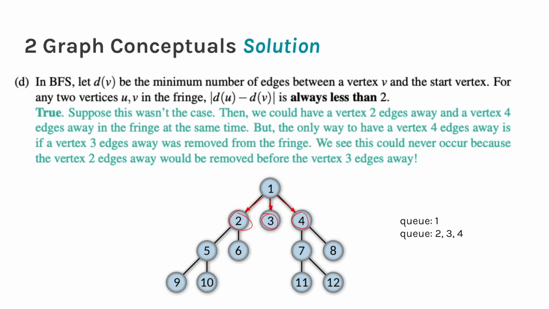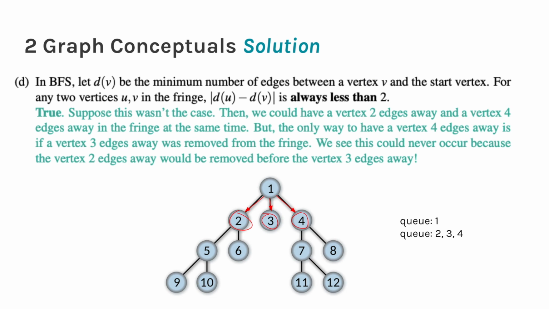But we're going to process all the 1-distance-away values before we visit the 2-distance-away values. So there's no way we could have 1-distance-away values and also 3-distance-away values, because that would mean we'd have to process 2-distance-away values to get those 3-distance-away values. But to do that, we would have to have finished processing all the 1-distance-away values.